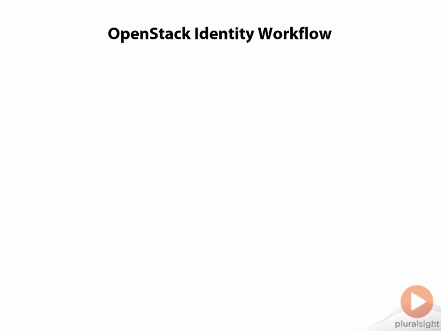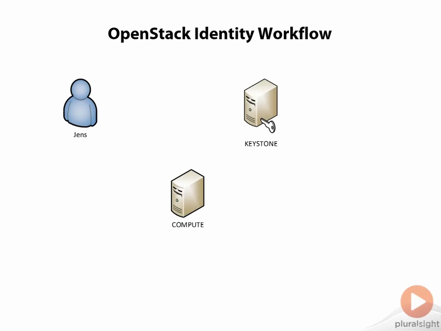Inside our OpenStack identity environment, we're going to have a workflow. Now, let's just say my friend Jens here. Jens runs mycyclingstore.com, and he would like to be able to do a number of different functions within his OpenStack environment. At the very least, we're going to talk about the Keystone and the compute environment. The first thing that Jens has to do is send his credentials into the Keystone environment.